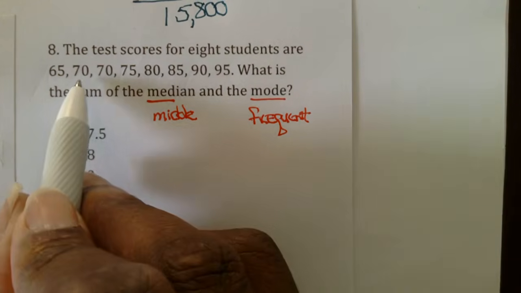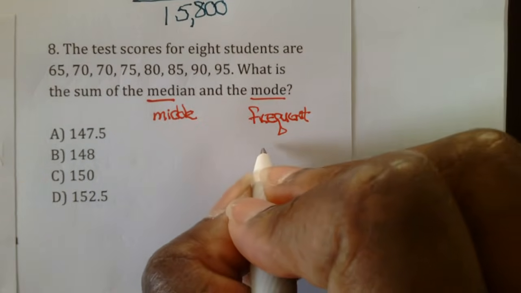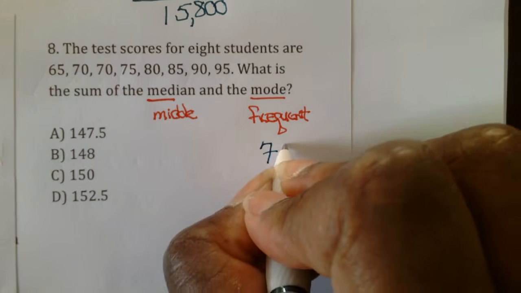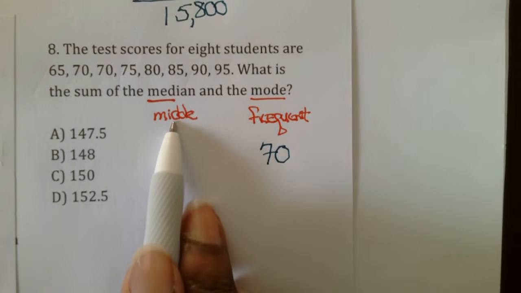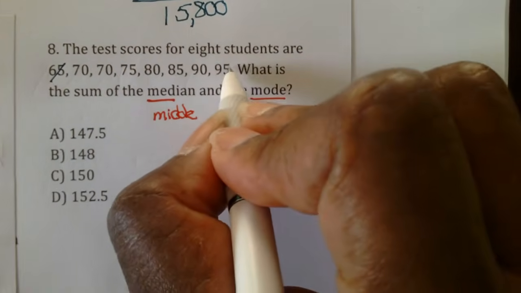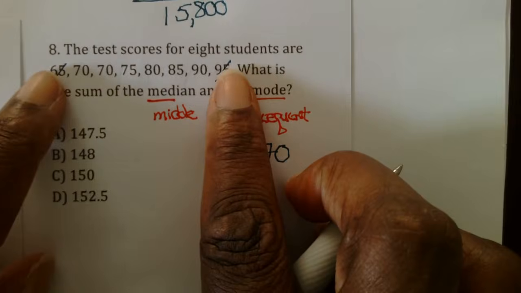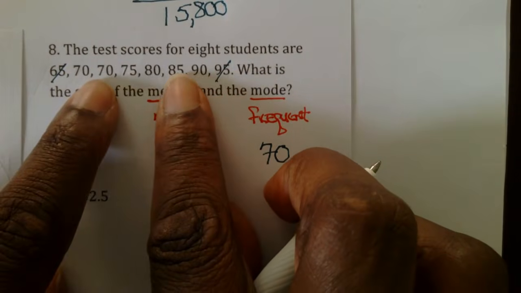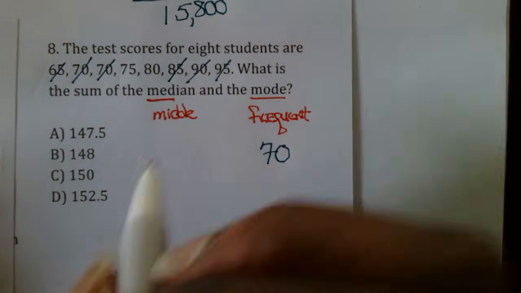Okay, so the one that's repeating the most is the 70. All right. So now we need to find the median, the middle number. So I just count towards the center. The reason why I do the canceling out like this is because it helps me.